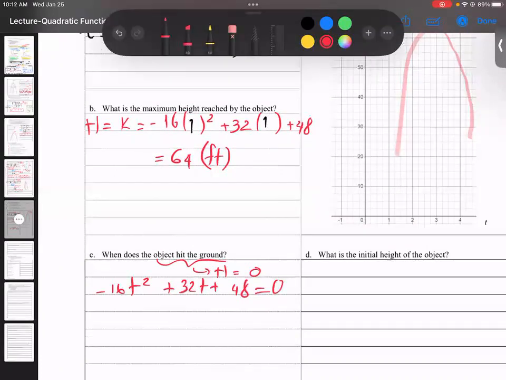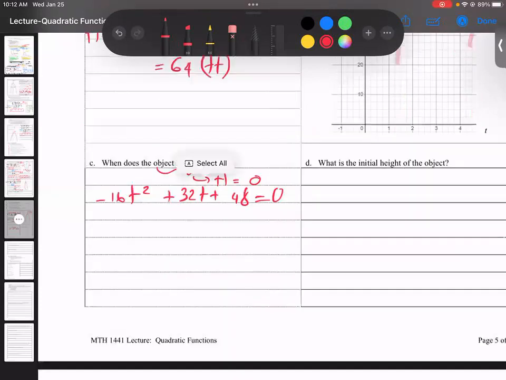If I were you, I wouldn't be too eager to use the quadratic formula. This is my least favorite quadratic formula. I'm going to divide everybody by negative 16. So I get t squared minus 2t minus 3 equals 0. Now you can factor.